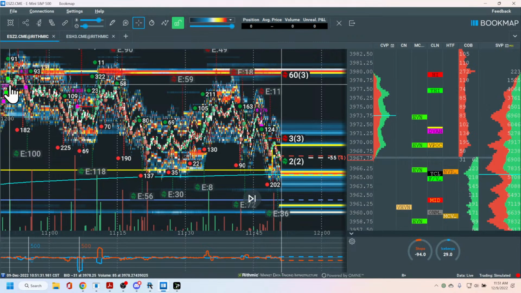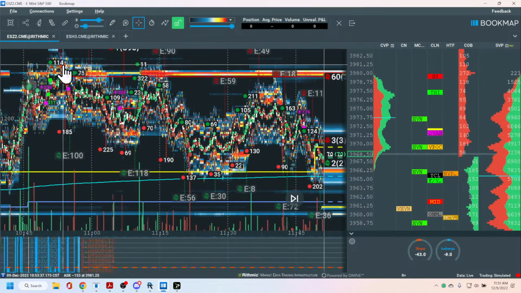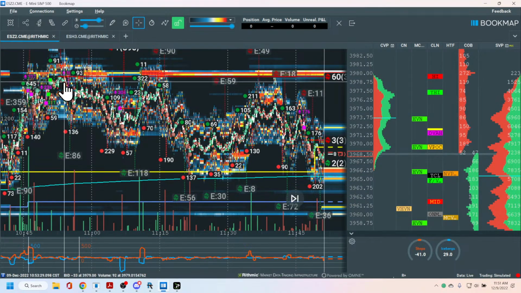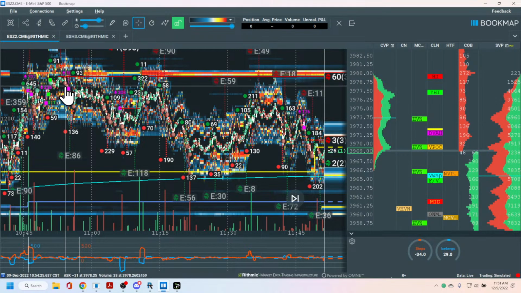Here. Are you seeing this? Now, I'm not calling trades here. I'm just showing you structure. It's not my job to call a trade. It's not a trade calling room. This is for education.